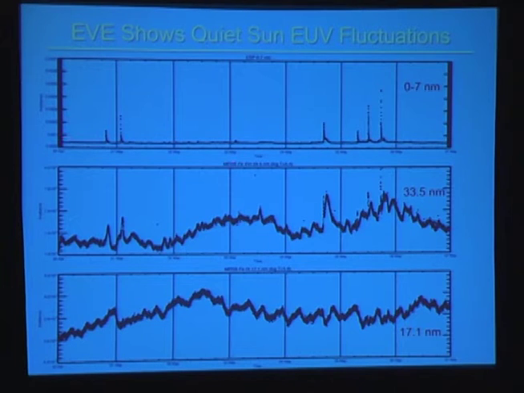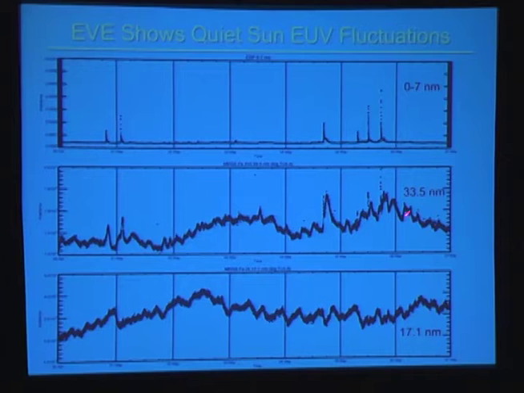This is from the first week of May. Each one of these vertical lines denotes a day boundary. During this period, right in here, the GOES X-ray measurements were down in the noise. This was quiet. You'd say there was nothing happening on the sun. There were no numbered active regions, nothing really going on. There were a few ephemeral regions.